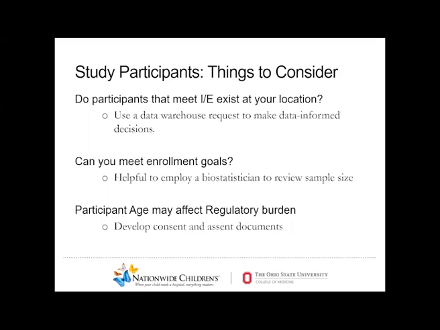There are biostatisticians at Nationwide Children's and at Ohio State that can help you review your sample size and make sure that if you do even recruit all 4 of those people, they can say, well, that's not really going to be enough to make a scientific conclusion. It'll show you a trend or it'll show you something, but there are biostatisticians that are available to help your investigator or help you as the clinical research coordinator get in the direction that you need to go.